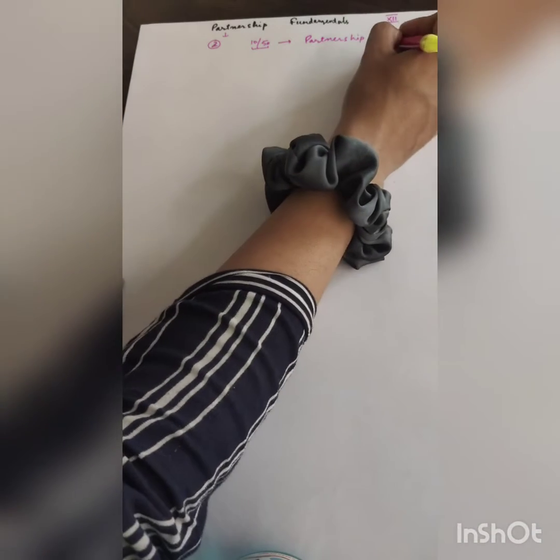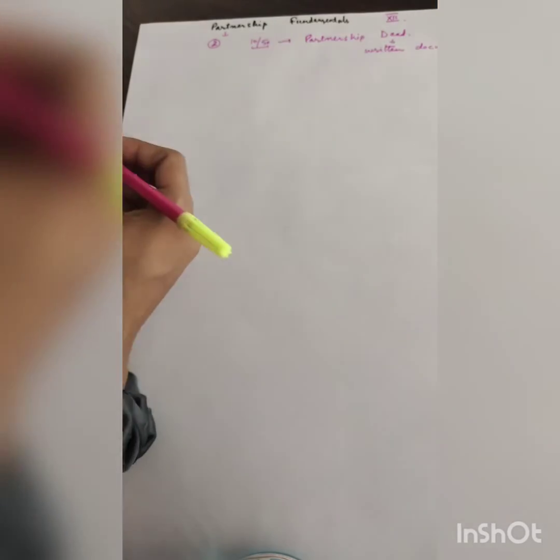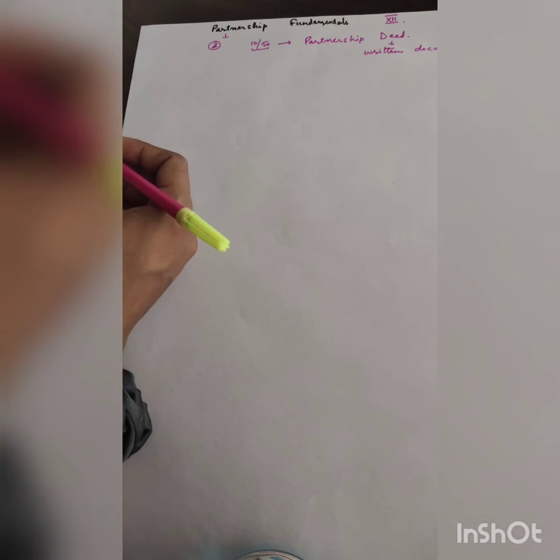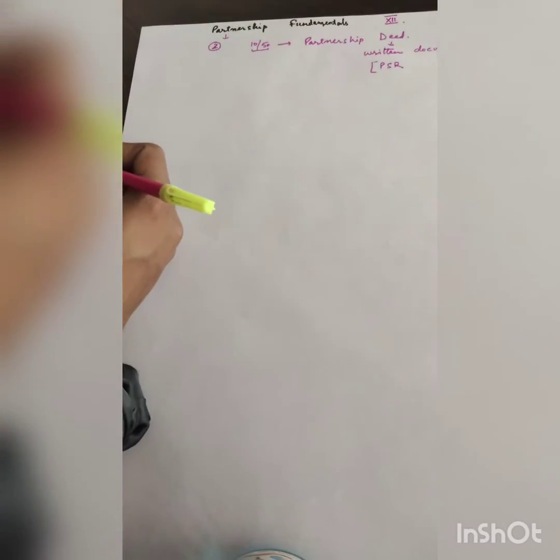Now what is a deed? It's a written document. The word deed itself says there is something which is being decided, right? So it's a written document in which all the provisions are laid out. What will be the profit sharing ratio of the partners? Suppose there are three partners, what will be the PSR? PSR stands for profit sharing ratio.